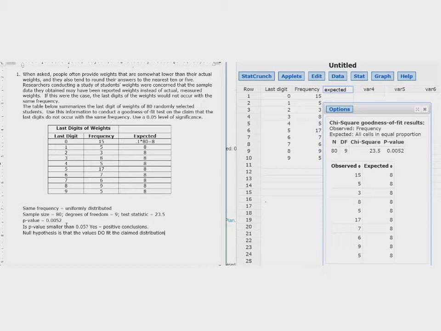In this case, the claim distribution was that they were all equal. So if we have positive conclusions, that means that we're going to reject the null hypothesis.